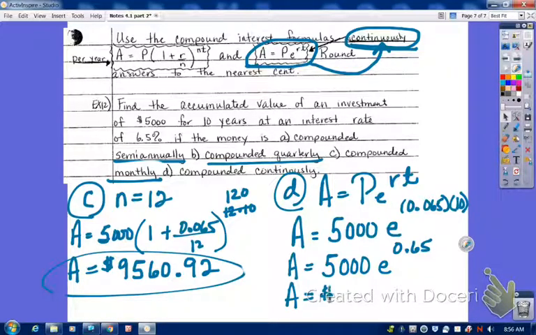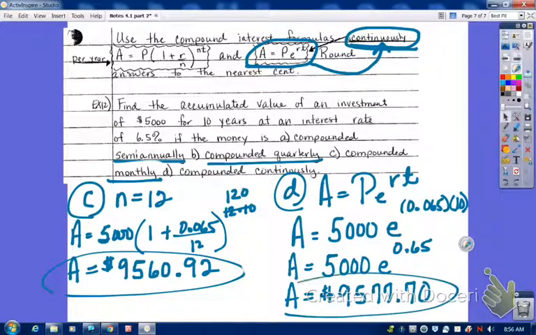And this should give you an amount that's a little bit more than $9,560.92. $9,577 and how many pennies? 70 cents or 70 pennies.